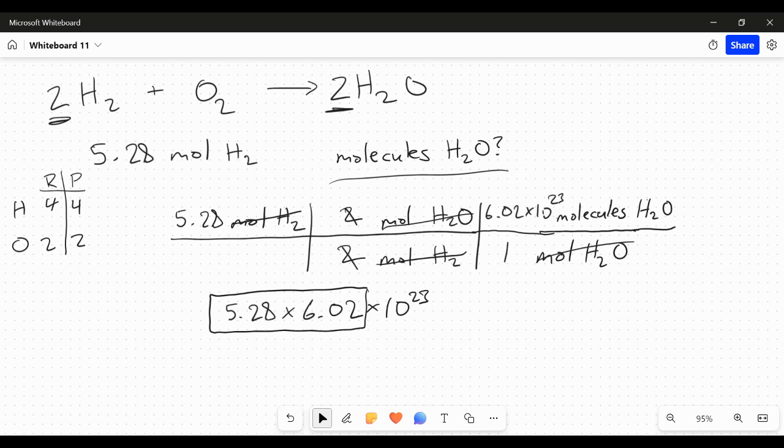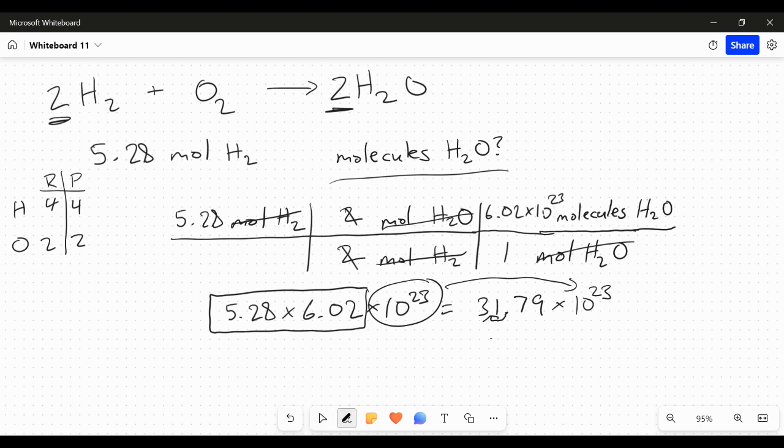5.28 times 6.02 is equal to 31.79. Bring over our times 10 to the 23rd. But we got to adjust this into scientific notation. Remember, the decimal point goes right after the first digit.